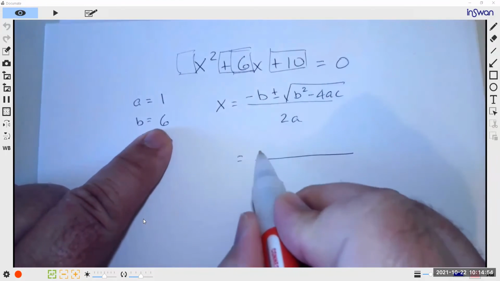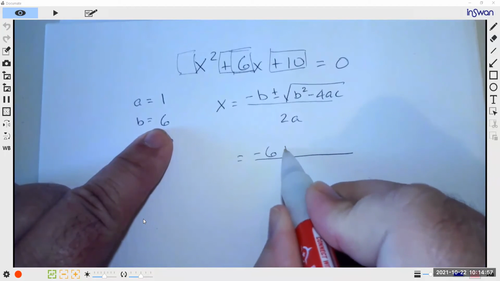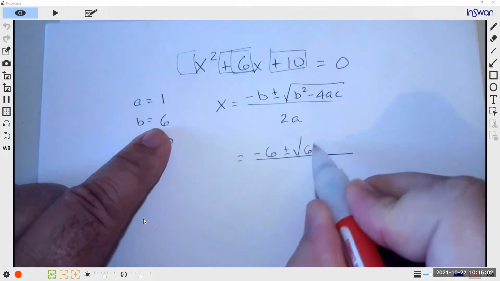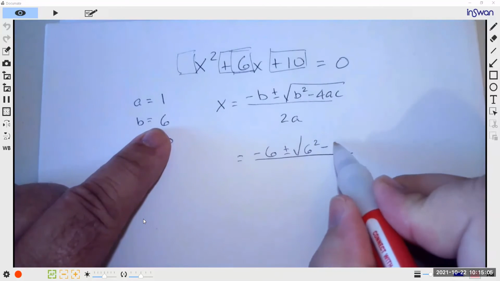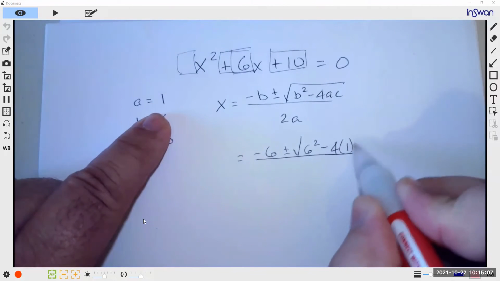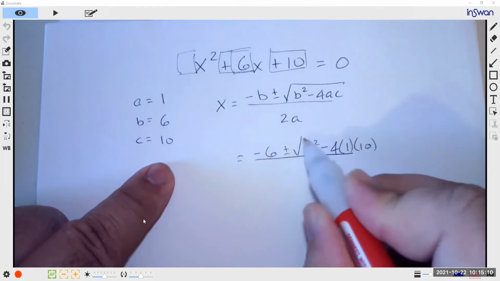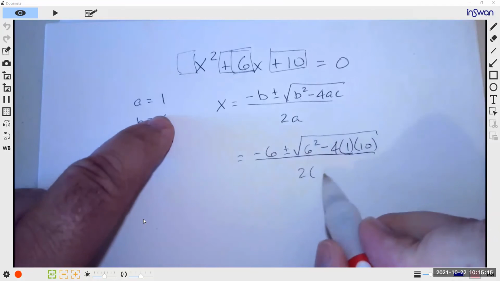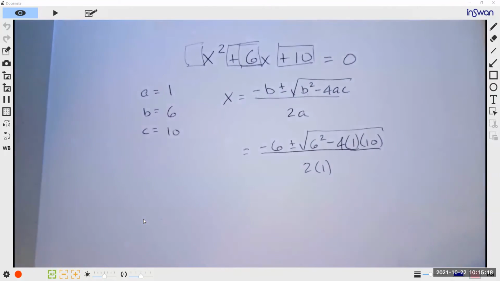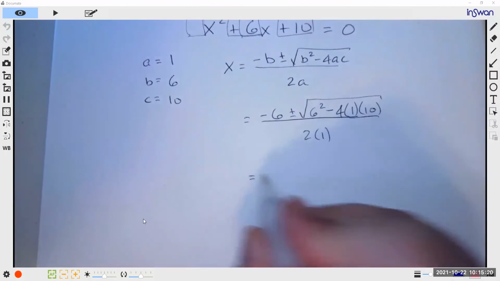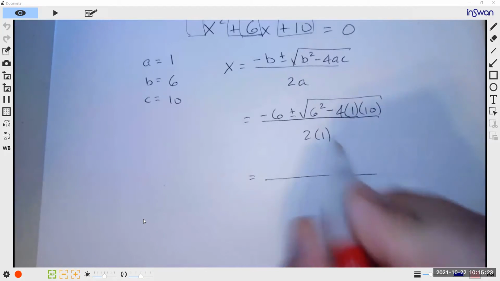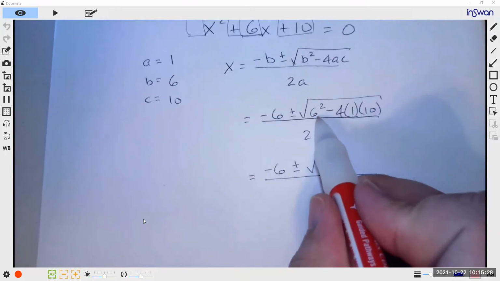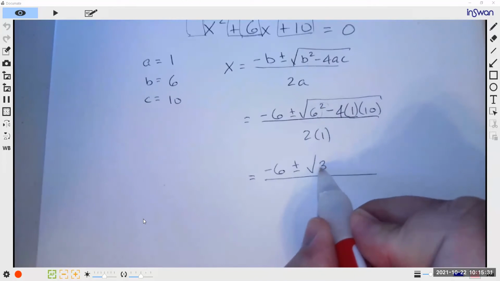So b is 6, so it's -6. B is 6, so it's 6 squared. 4 times 1 times 10, over 2. A is 1, 2 times 1. So -6. 6 squared is 36.